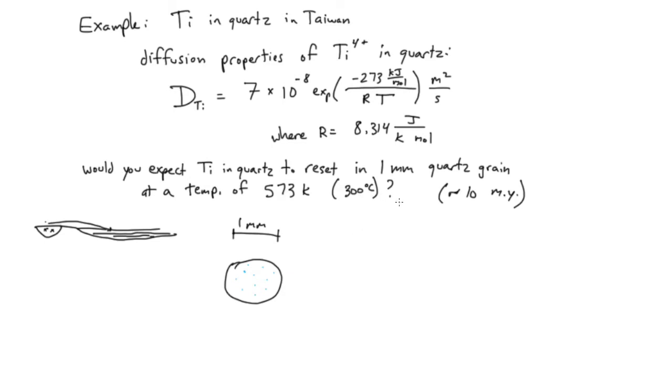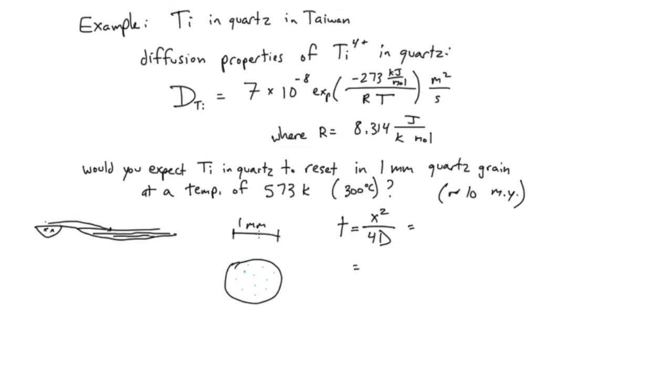So we could ask, if a grain is this size, how much time would it take for that diffusion to occur? So the equation we'll just write like this: how much time, X, so the distance is 1 millimeter.